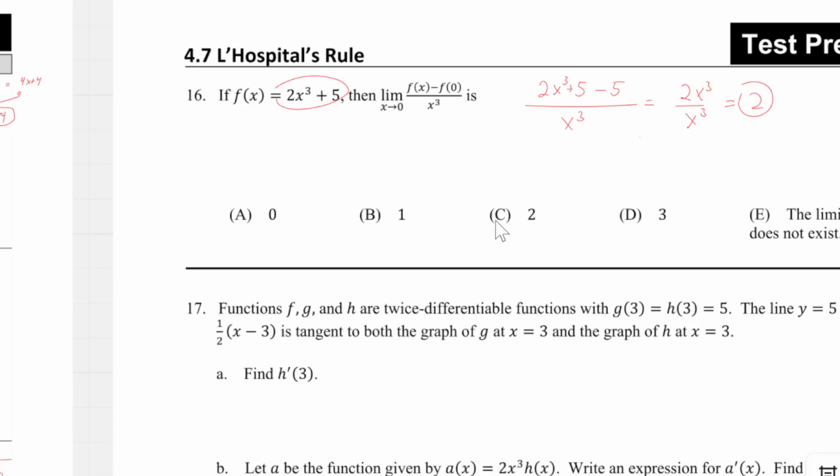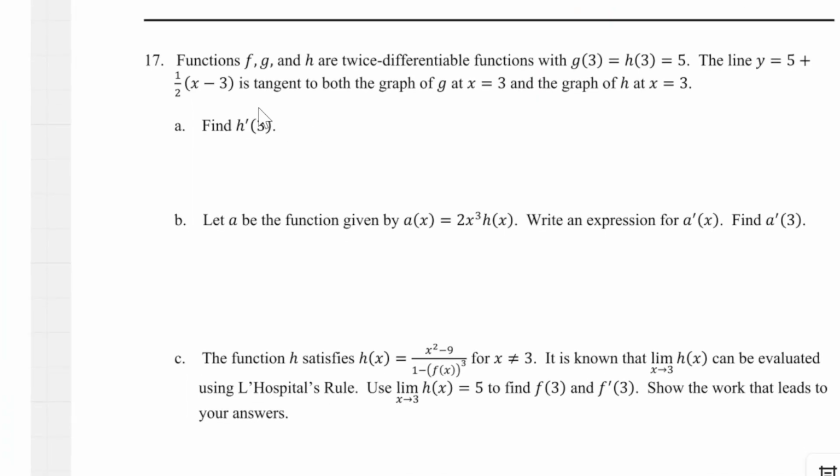Okay, so I didn't even need L'Hopital's. Guess I wouldn't worry about this question. This is like some kind of bonus question, or really difficult, so probably not worth going over.